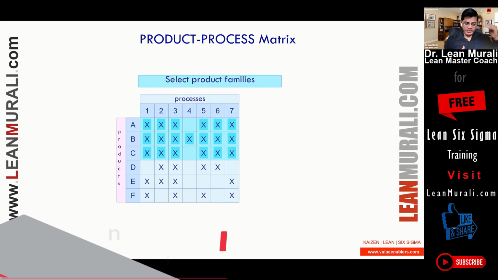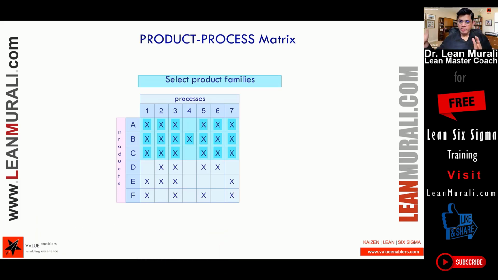So we see which are all the processes a particular dosa goes through, which are all the processes a particular chapati goes through, which are all the processes a particular pizza goes through, and we classify them as families.